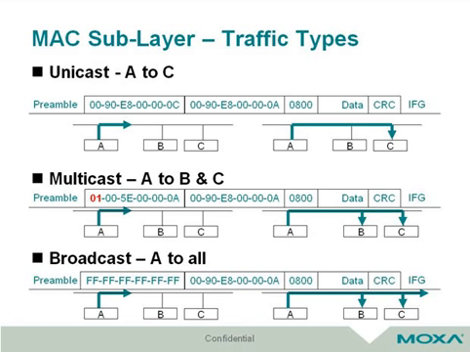How to distinguish a multicast MAC address? In a multicast MAC address, the lowest bit of the first byte should be 1. And if the data is going to be sent to every node on the network, the MAC address should be all 6 bytes of FF.